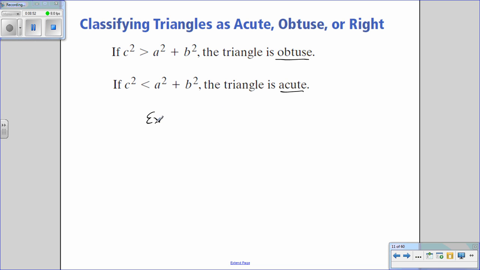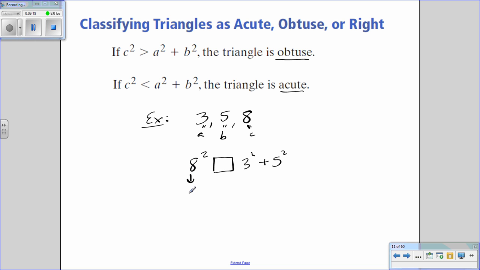So for an example, if I had three lengths, if I had 3, 5, and 8, 8 would have to be c, and these two can be my a and b. So if I plug those in, it's going to look like this. 8 squared. How is that compared to 3 squared plus 5 squared?